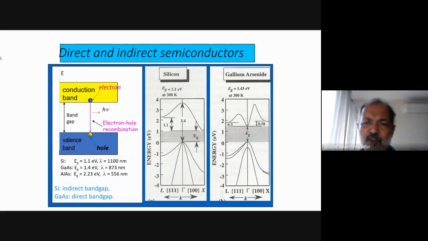They are very often used for making LEDs. Whereas silicon is quite popular for making photodiodes for detection. I will not be going into those details because you will be studying it in your other paper on optoelectronics, where you will see the conditions for making photodiodes and the conditions for LEDs. So let us not spend time on that.